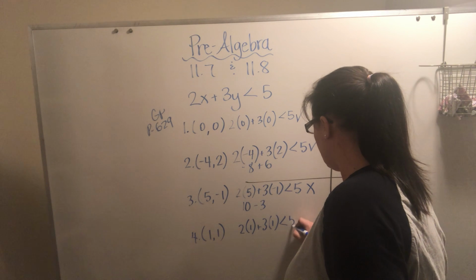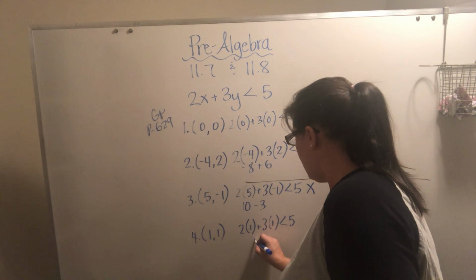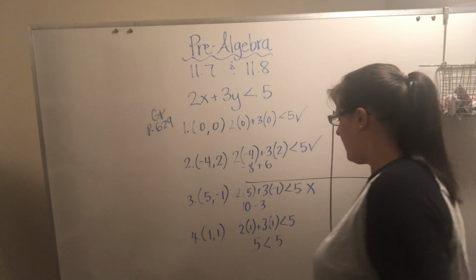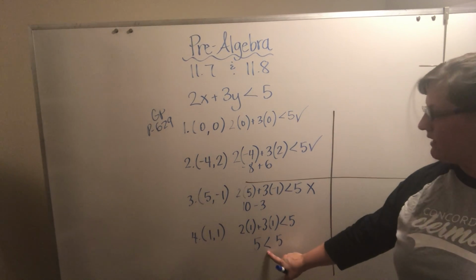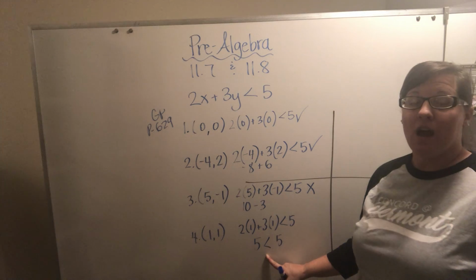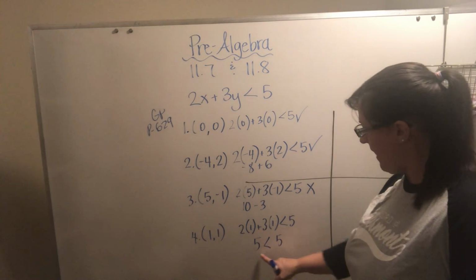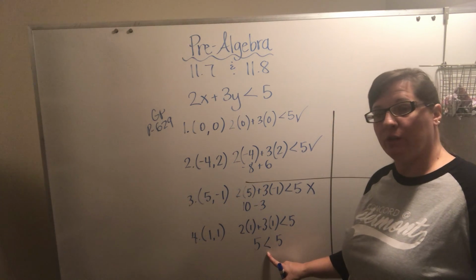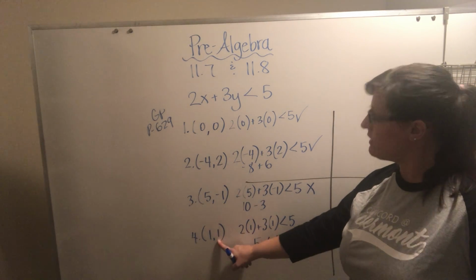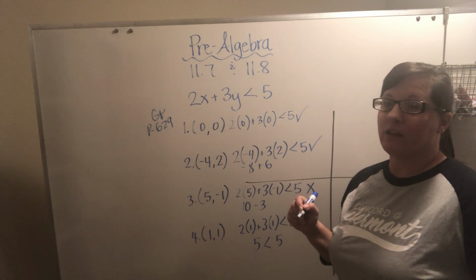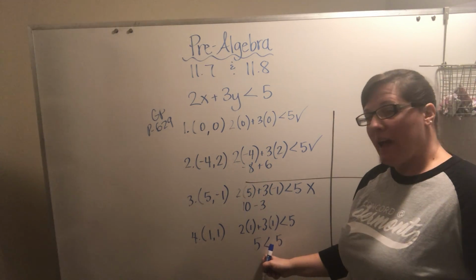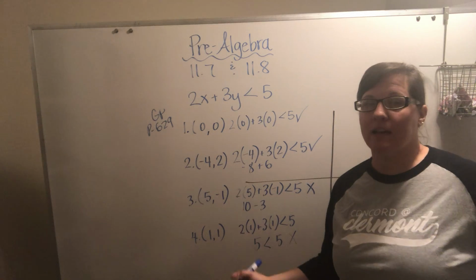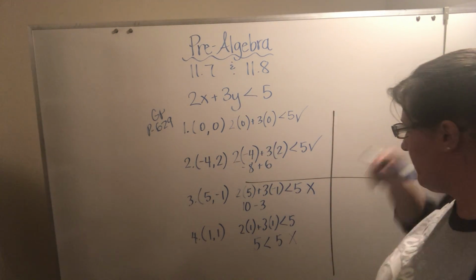Is that less than 5? Interestingly enough, here we have 5 and 5. Is this true? It is not true because 5 is not less than 5. If I had less than or equal to, then this would be a solution of that linear inequality. But it does not have the equal to sign, so I would have to say no. That is not a solution of this linear inequality.